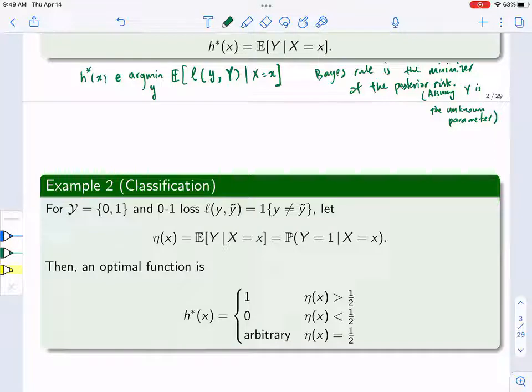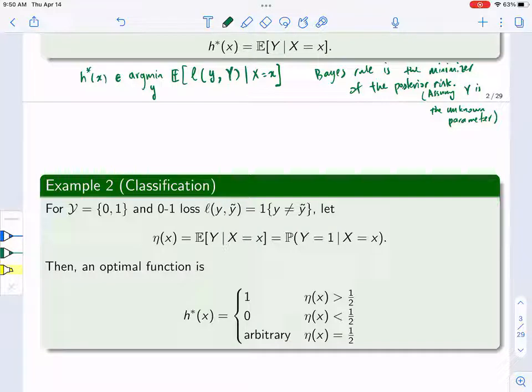Because this is an indicator variable, this expectation is just the probability that y is equal to 1 given x. And then you can show that minimizing this is basically equivalent to maximizing the posterior probability. So if this probability is bigger than the probability that y is equal to 0, you'd go with 1.